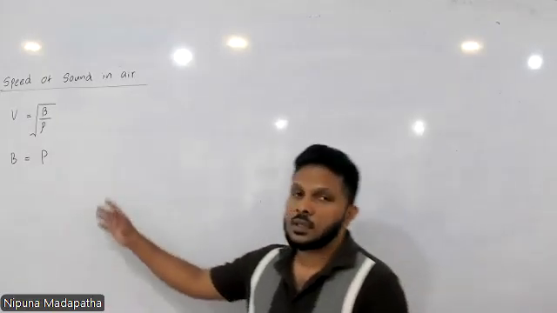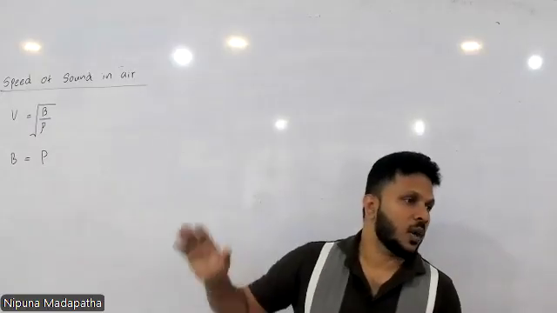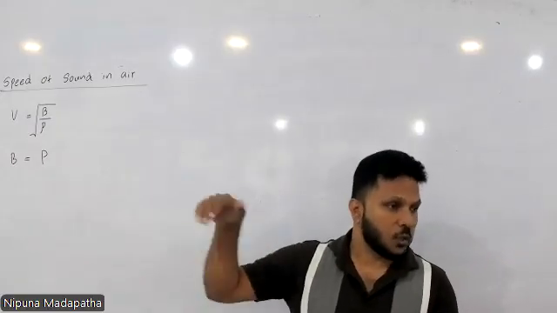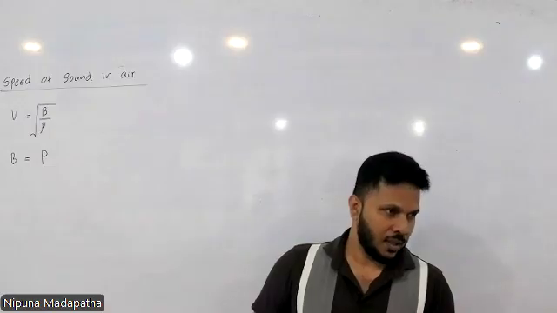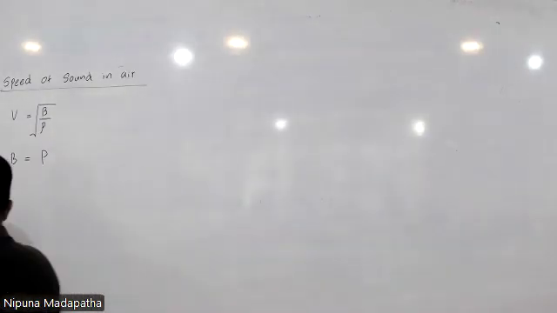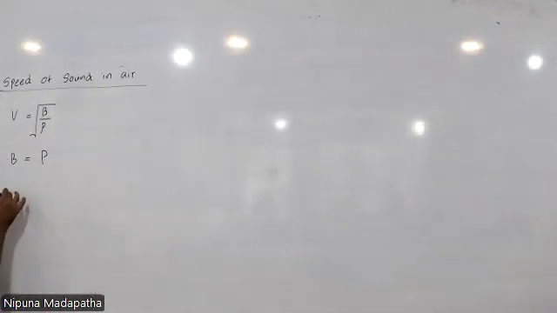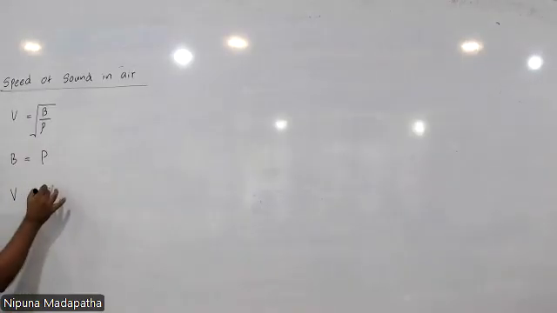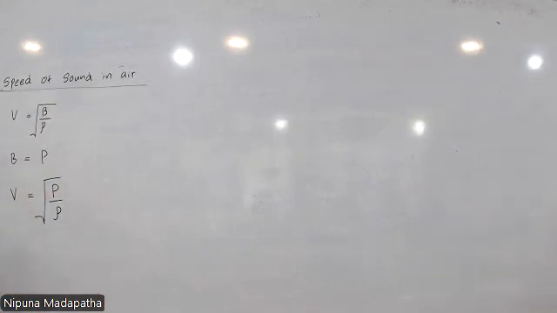Initially, Newton thought the propagation of sound waves in air is an isothermal process. Then he introduced the expression V equals the square root of P over rho by assuming this process is isothermal.